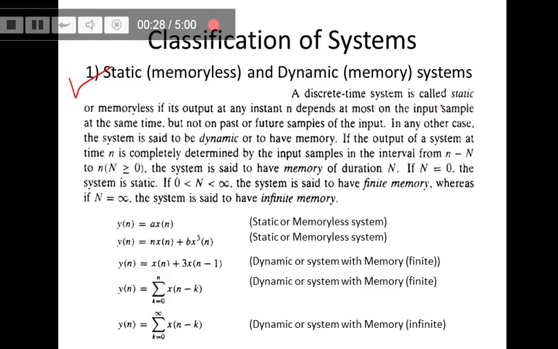A discrete system is called static or memoryless if its output at n instant depends only on the input sample at that instant, but not on the past or future sample of the system. So for a static system, for example, system y[n], its output at time instant n depends only on the input at time instant n.